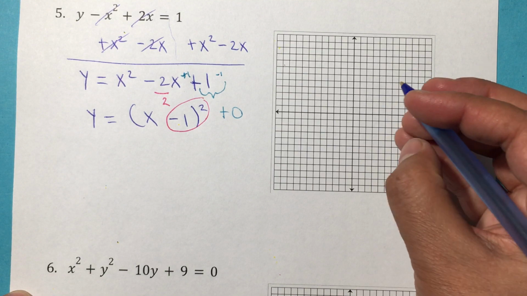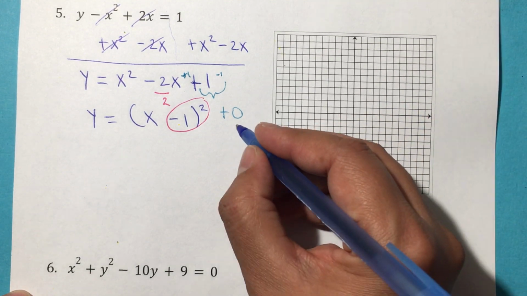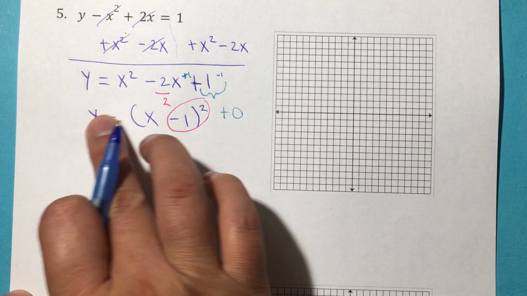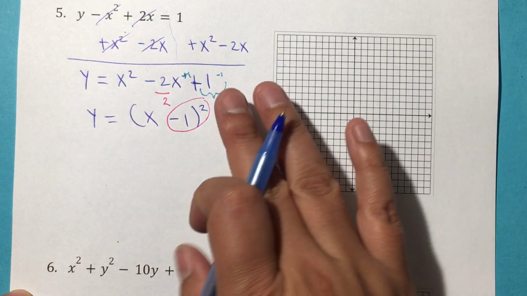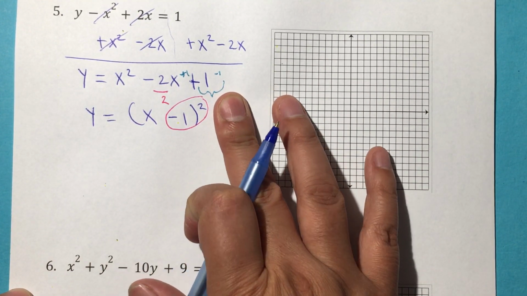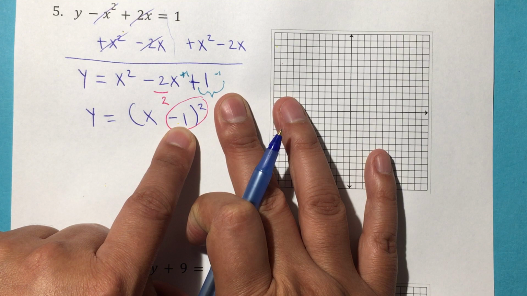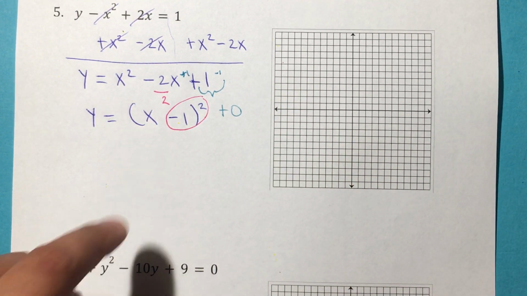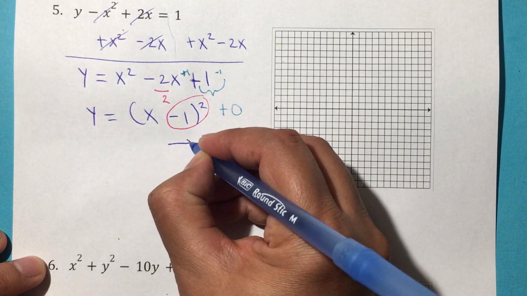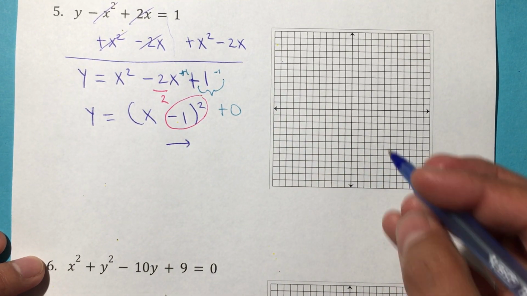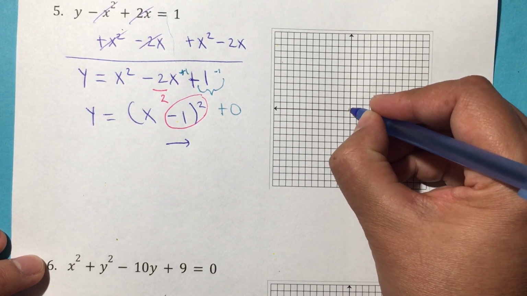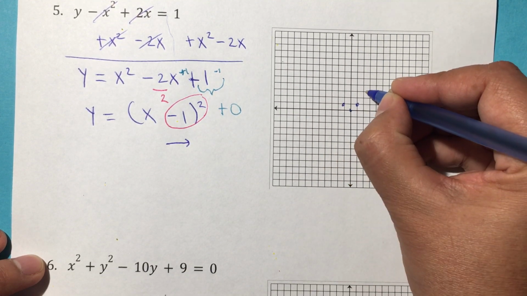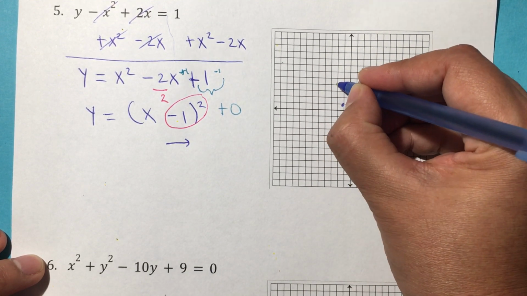Now that we have that information, we can say that it's not going to move on y at all because it's 0 spaces, and even if you didn't have it, it only has this transformation, which means move the opposite on that axis, okay? So if it's negative, it's going to move to the right, to the positives. And so my mother graph for a parabola is this right here.